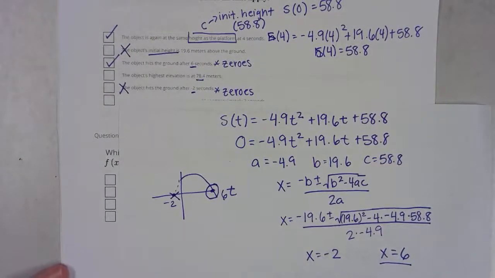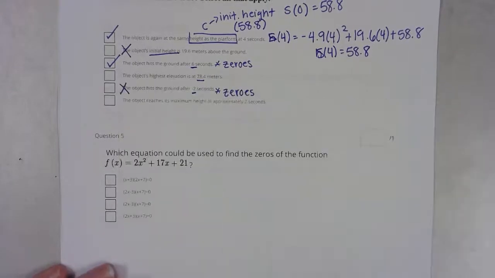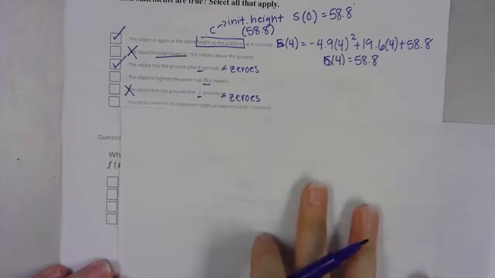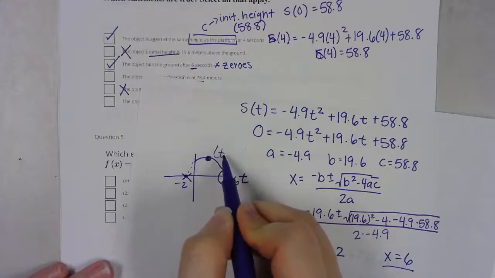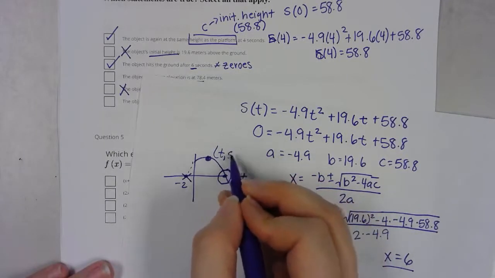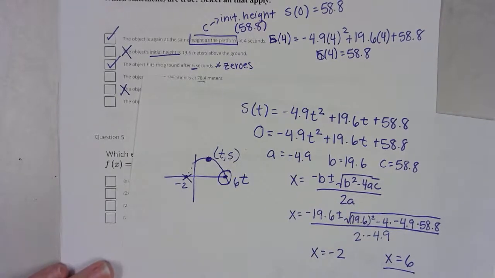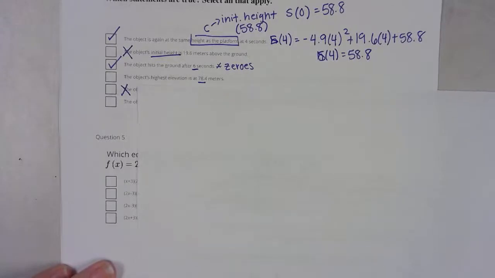The object's highest elevation is at 78.4 meters. Now remember, to find the highest point, the vertex right here, I need the t and then the height. To find that t, I need to find my axis of symmetry.